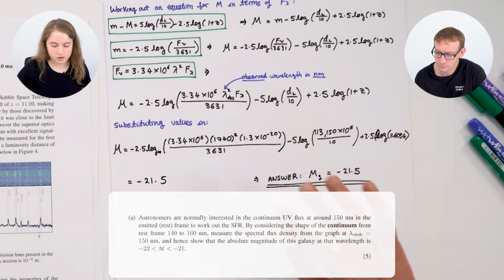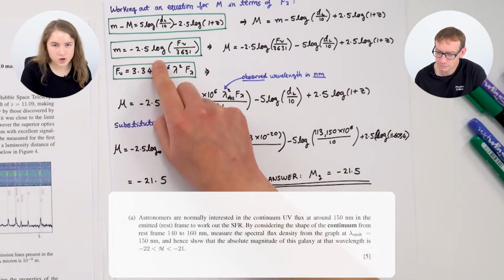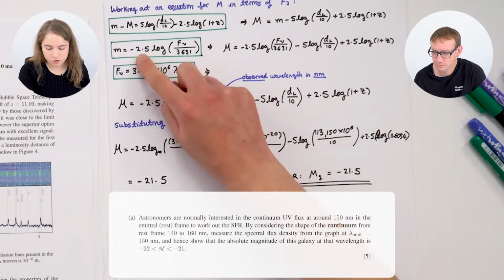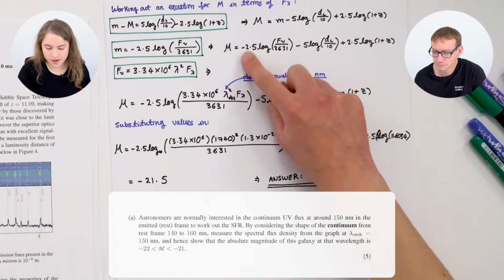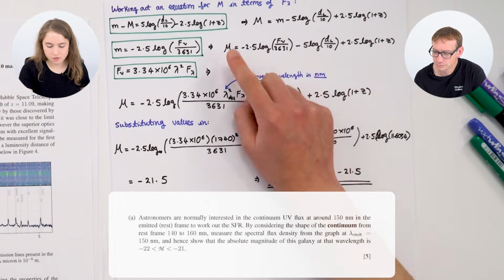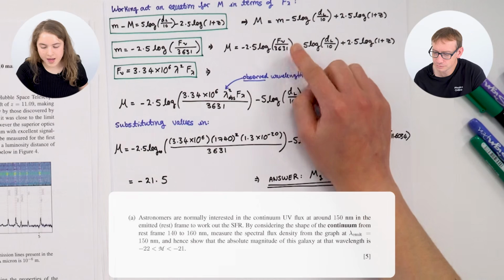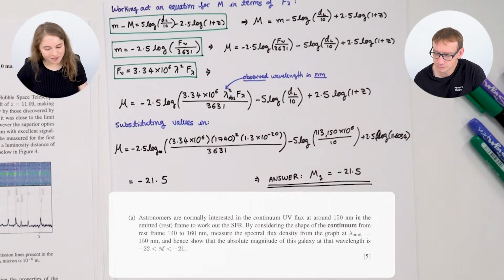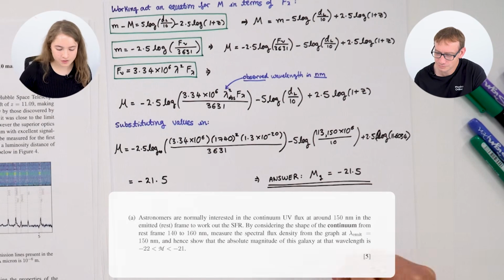So first we're going to substitute in this equation here, and we've got capital M with the expression for lowercase m, the apparent magnitude, substituted in, so we've got capital M in terms of F nu and things that we know. But we don't know F nu. So moving on, like I said, this is a three-stage process.